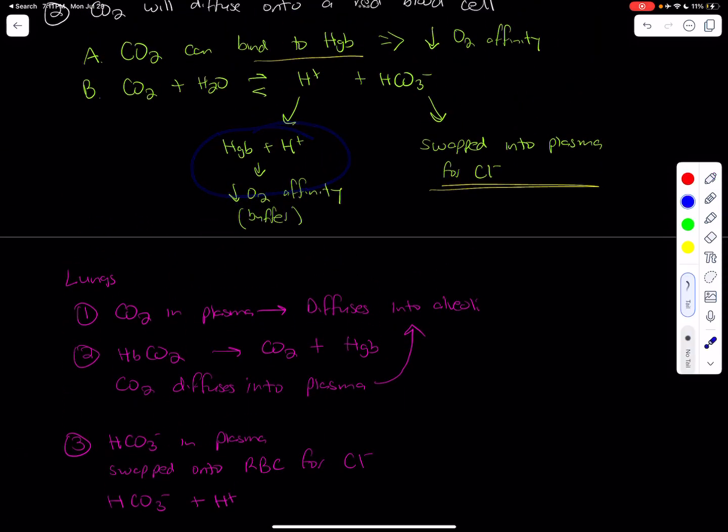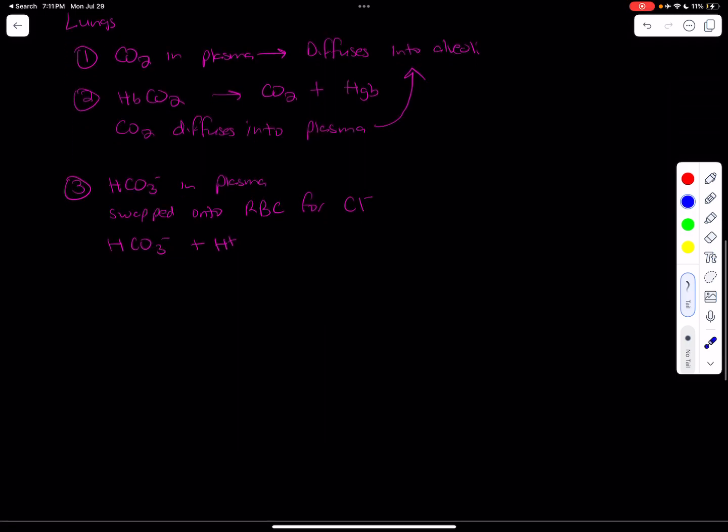So now that hydrogen ion separates. And so then what happens is we go through that reaction, we go through carbonic acid, but eventually, again, I'm skipping that middle step, we have carbon dioxide and water. And guess what? This carbon dioxide right here diffuses into the plasma, where it then diffuses into the alveoli. Okay? That is carbon dioxide transport at its most simple.